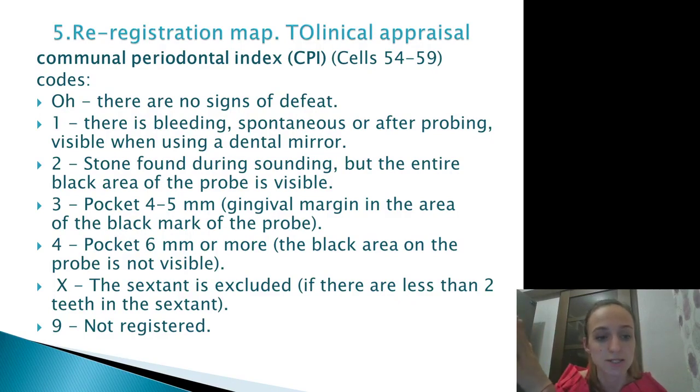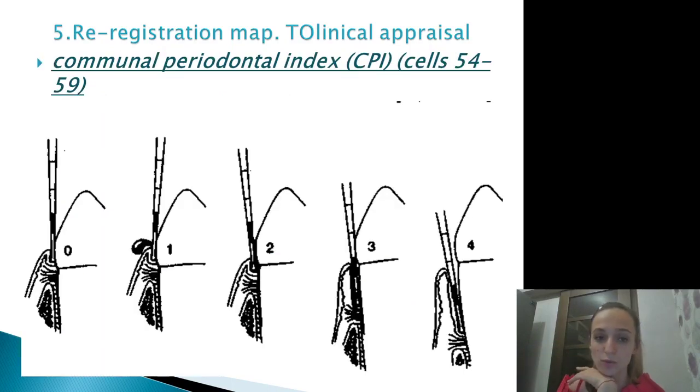Third, it is a pocket from 4 to 5 millimeters, gingival margin in the area of the black mark of the probe. Four, it is a pocket 6 millimeters or more, and X, it is the sextant is excluded, and 9 not registered.